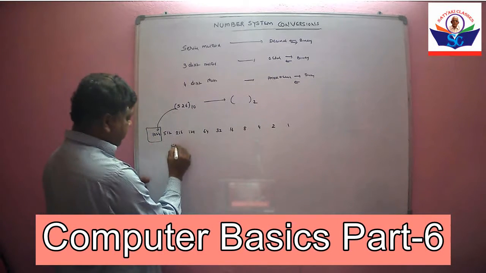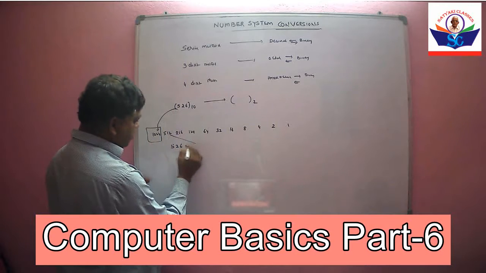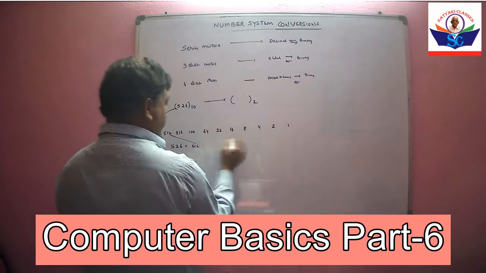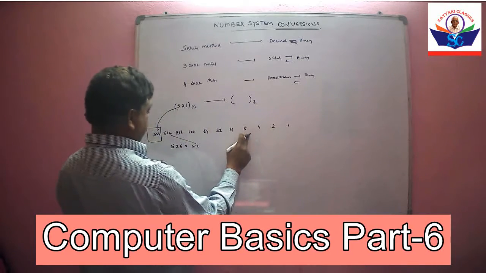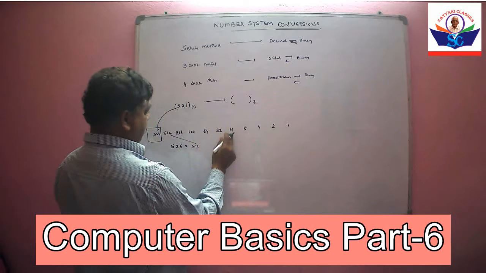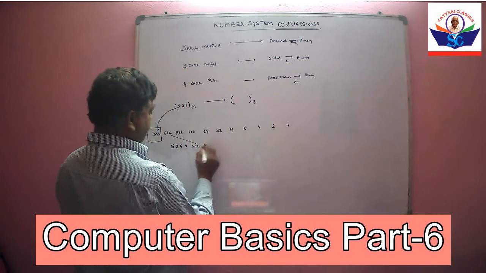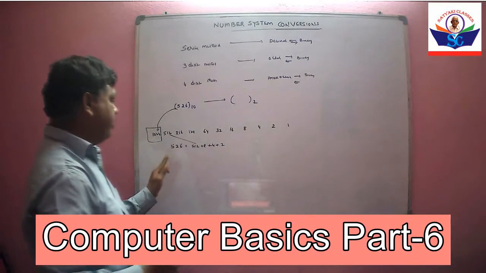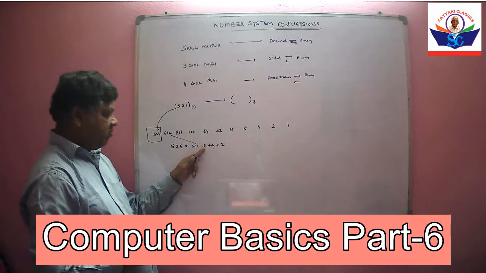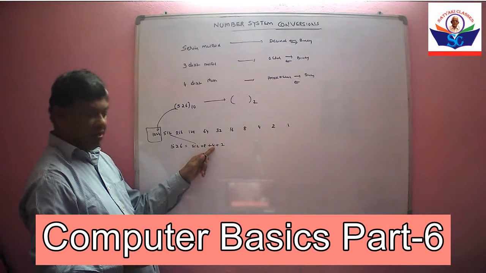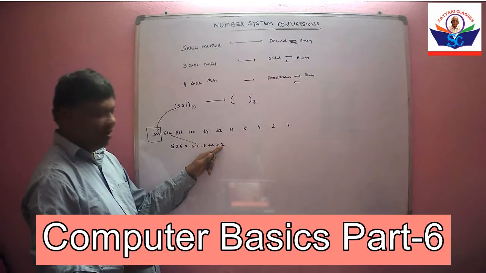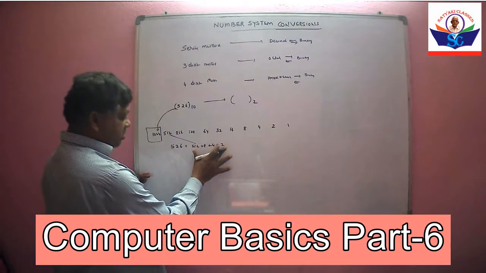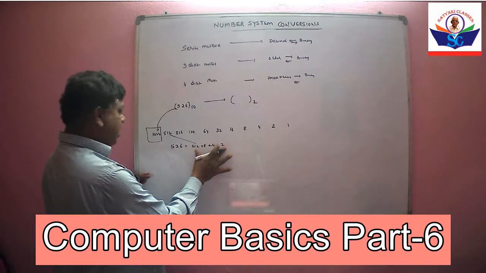How to get 526? 526 is equal to 512 plus 8, 520, plus 4, 524, plus 2, 526. That means we will take these numbers only.